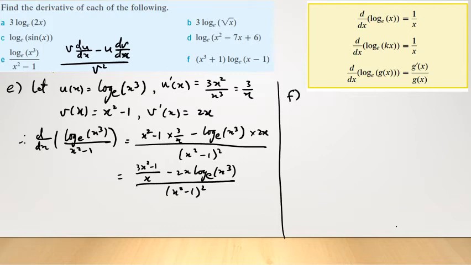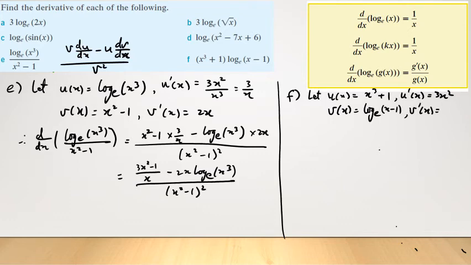Alright, so now we have a product rule one, where we have an x cubed plus 1 and then a log e x minus 1, because the two of them are multiplied. So let u of x equal x cubed plus 1. Then the derivative of that is 3x squared. v of x equals log e x minus 1.